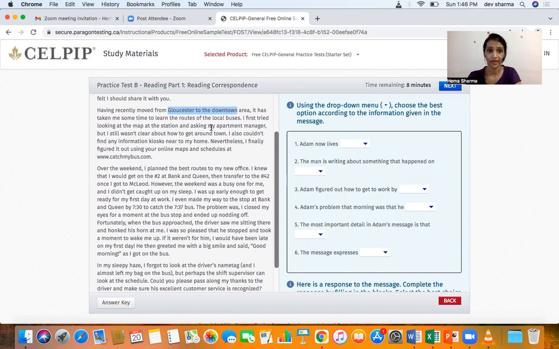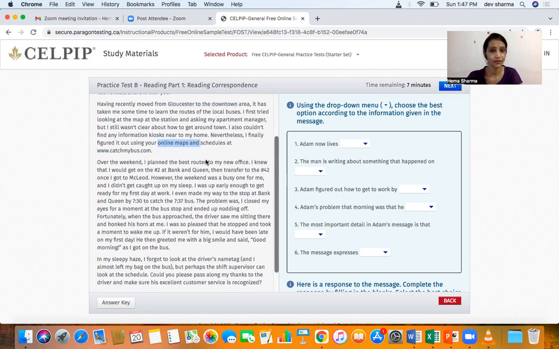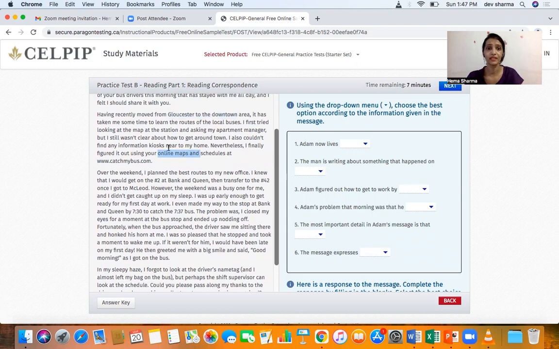He tried to look at the map at the station, and he also asked his apartment manager, but still he did not get a clear answer. After that, he could not find any information kiosk near his home. Then finally he found it here. So if any questions pertain to this, you will be able to answer.